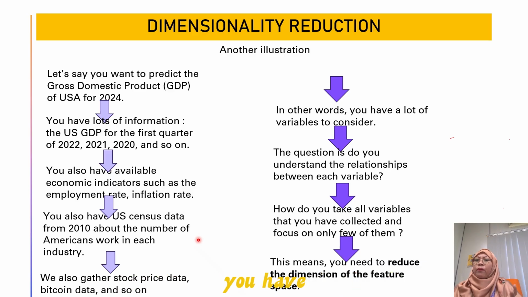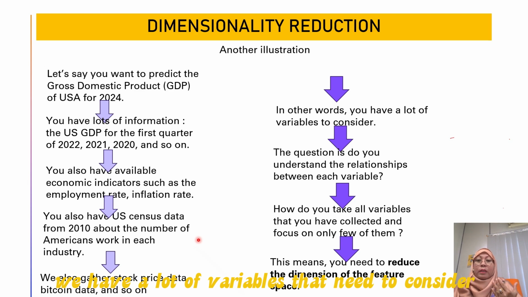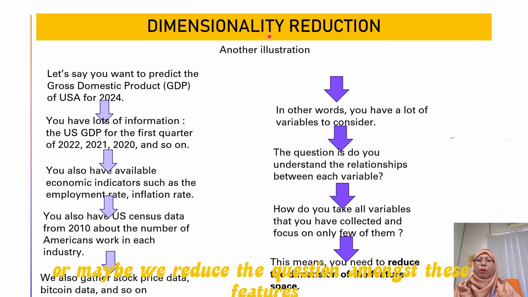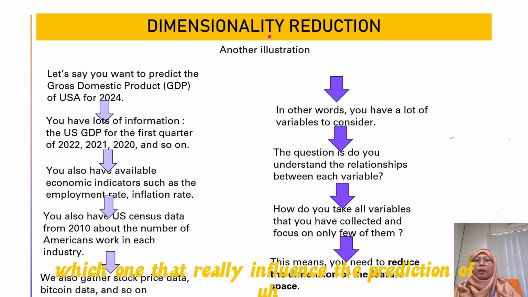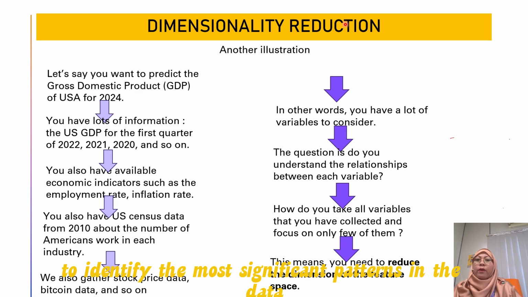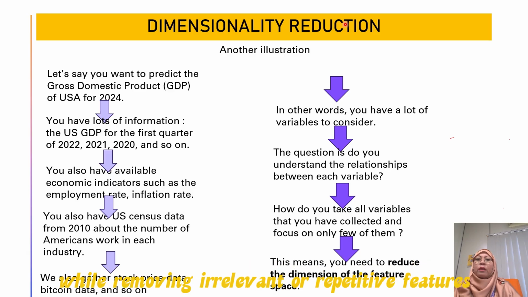In other words, we have a lot of variables to consider. But the question is, do we really need all of these variables? Or maybe we reduce the question: amongst these features, which ones really influence the prediction of the stock price, for instance? So this is where dimensionality reduction becomes essential to identify the most significant patterns in the data while removing irrelevant or repetitive features.